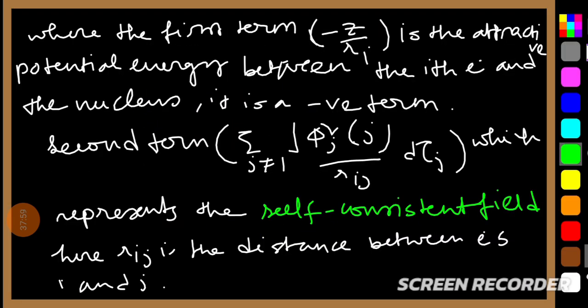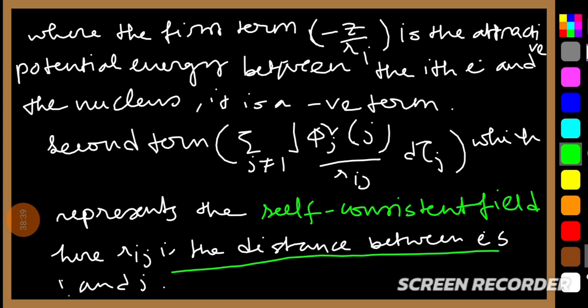Okay, so the second term, that is summation of j not equal to 1, integration phi j star square of j by r suffix i j, d tau j, represents the self consistent field, which is the full form of SCF. এটাই কিন্তু তোমার SCF বা সেলফ কনসিস্টেন্ট ফিল্ড তৈরি করে, যেখানে r suffix i j is the distance between the electrons of i and j.